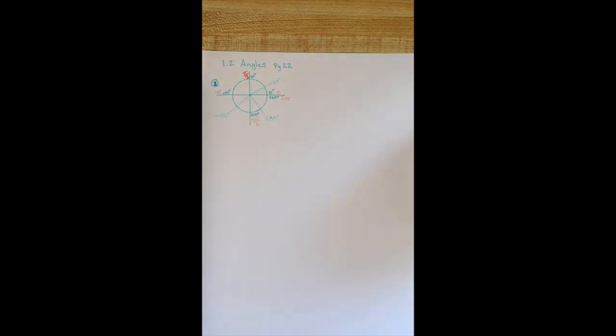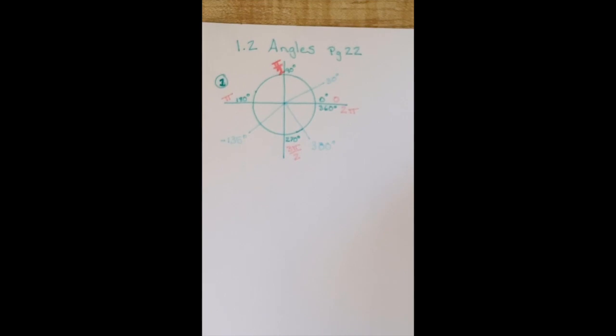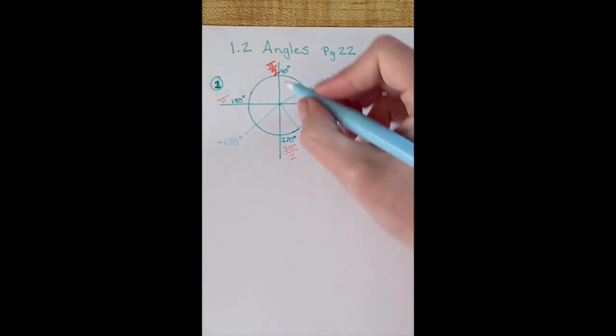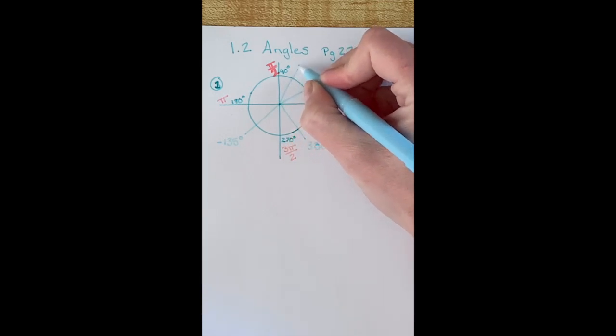That's negative 135. So let's see if I can make it so you can see that problem just a little better. Next we have 70 degrees. So we know 70 would be kind of close to 90.